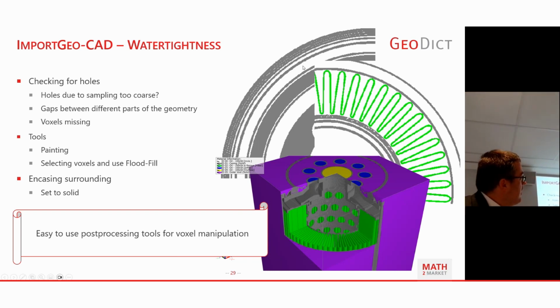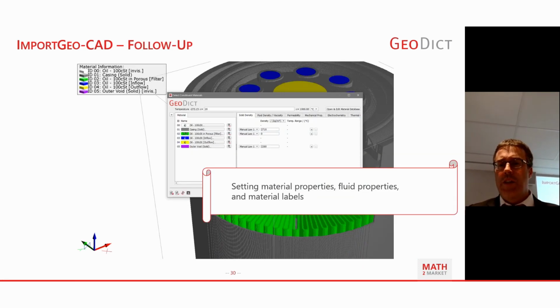There are some small voxels missing there, but as long as the inner and outer surface is completely tight, it doesn't matter if there are small voxels missing there. So double checking on that. We have some easy to use post-processing tools for this voxel manipulation. We can change that, and then we are nearly finished with the import.